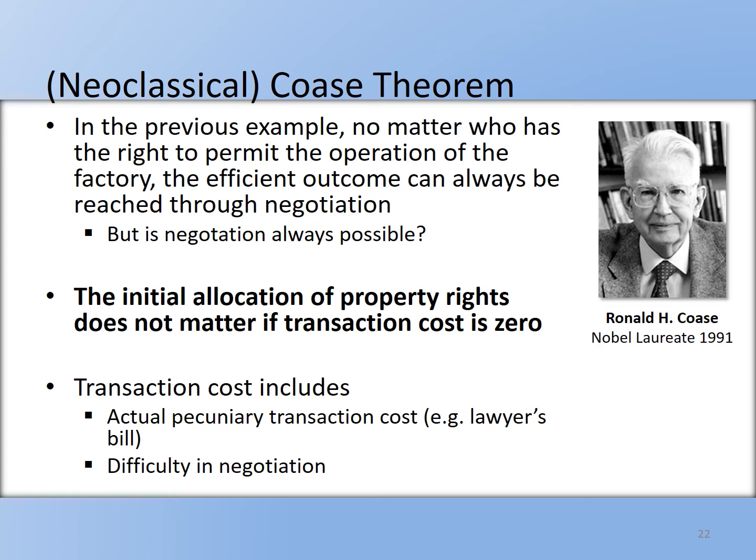But obviously in reality, negotiation is not free, which means it doesn't necessarily get the efficient outcome. The Coase theorem is named after Ronald Coase, who won the Nobel Prize in 1991 for his contribution in this area. Ronald Coase was one of the teachers of Stephen Cheung, which is why Stephen Cheung emphasizes property rights so much.